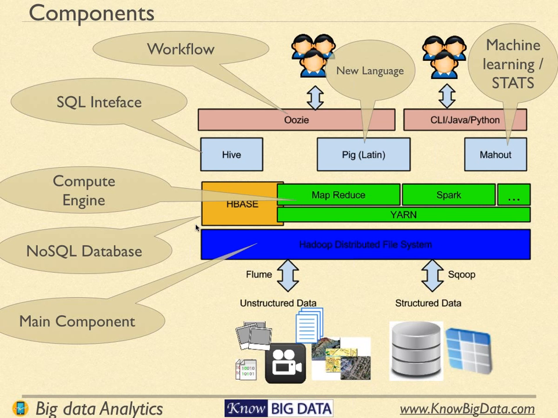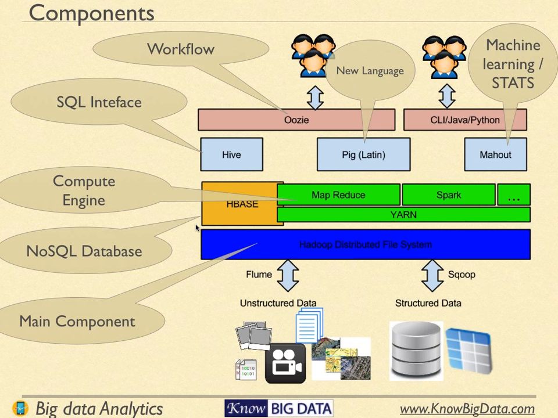Otherwise, if your records are a few hundred, a few thousand, 100,000, or even up to 10 million records, your existing databases do a very good job. But above 100 million records, your existing database or existing machines will not be able to handle that.